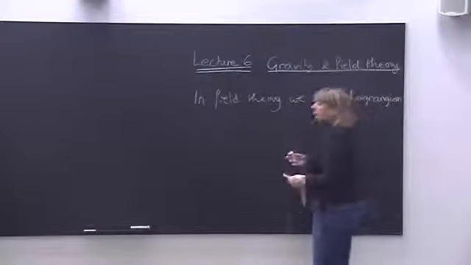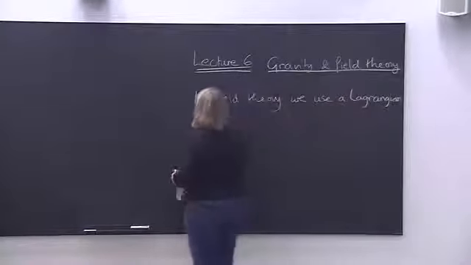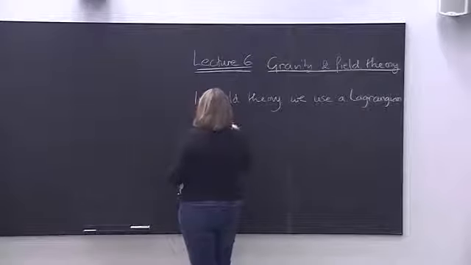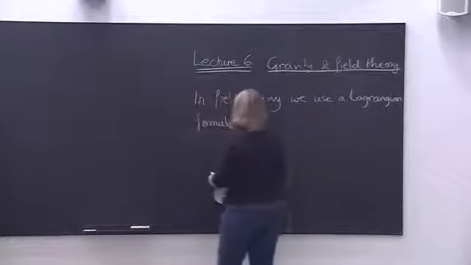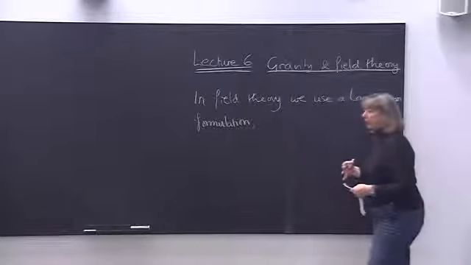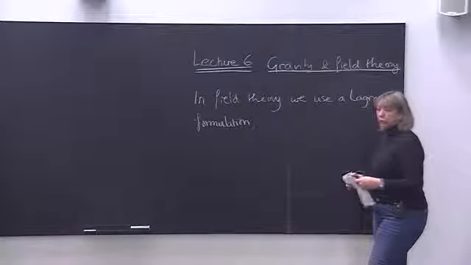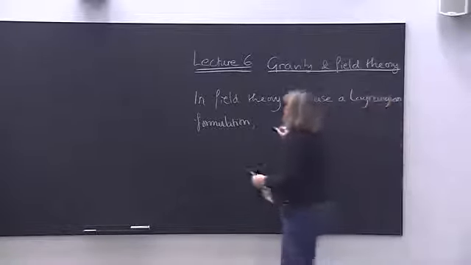Usually in field theory, or in a lot of the physics that we do, we use a Lagrangian formulation. So if we want to do that on a manifold, we have to just make sure we know how to integrate.